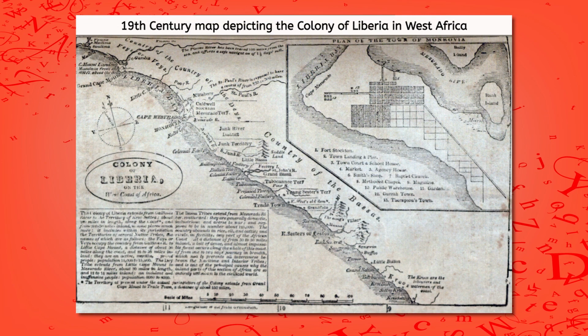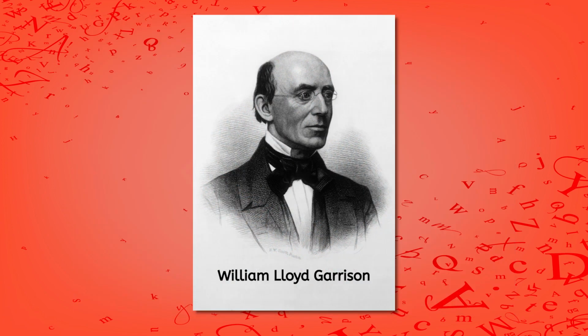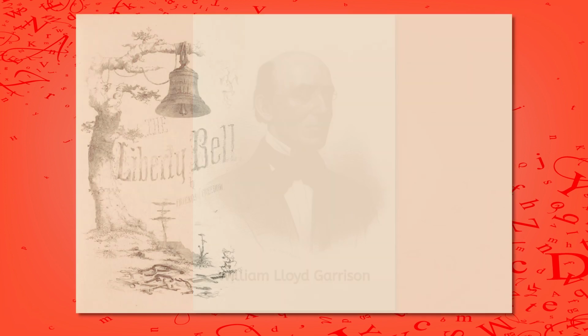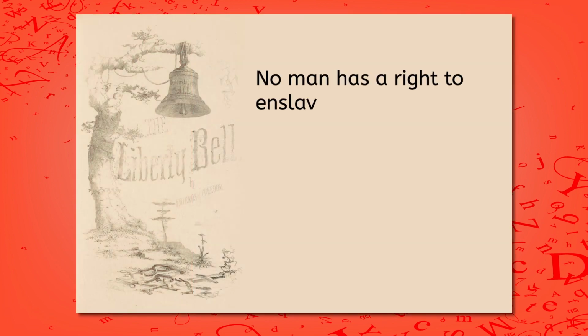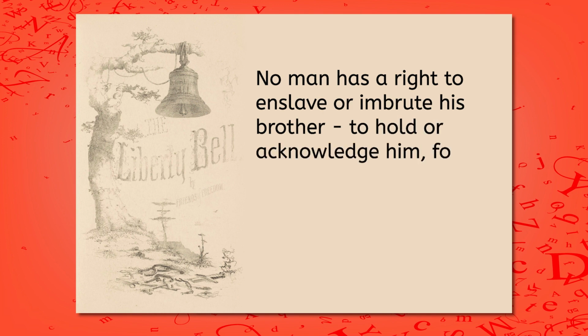But only some members of the American Colonization Society actually opposed slavery. Others were slave owners who felt that free black people living in the United States were a threat to the institution of slavery. In 1833, William Lloyd Garrison founded the American Anti-Slavery Society, an organization declaring that no man has a right to enslave or imbrute his brother, to hold or acknowledge him for a moment as a piece of merchandise.